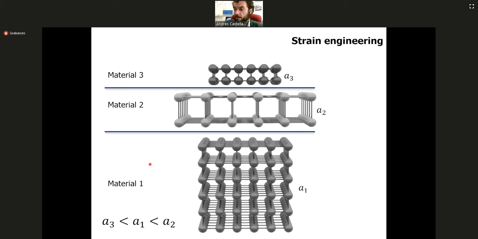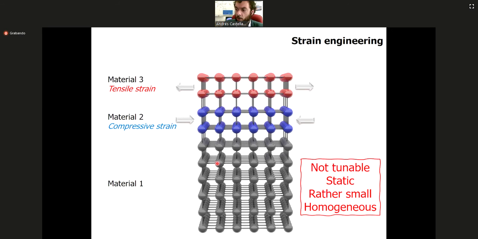In this example we have three different materials with three different lattice parameters. If we force them to grow epitaxially on top of each other, we end up with compressive strain on this layer and tensile strain on this layer, but this strain cannot be tuned. And if it cannot be tuned, it's not useful for straintronics because we want to use this strain as a tuning knob. So we are not interested in these kinds of approaches.